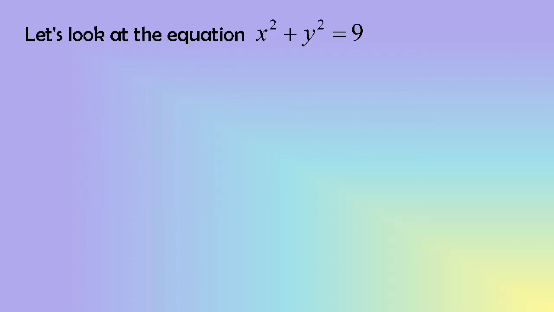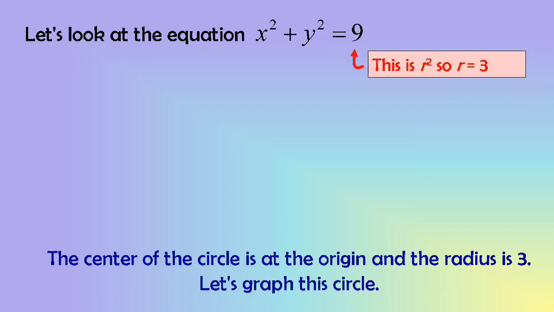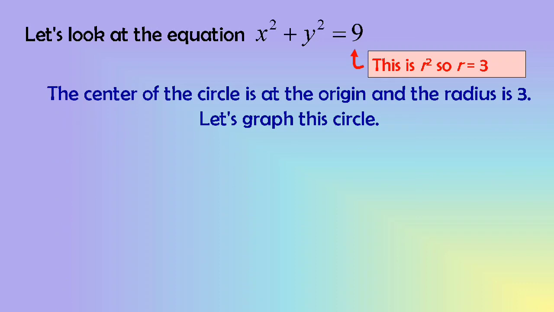Let us take a look at this equation. We have x raised to 2 plus y raised to 2 is equal to 9. So take note that 9 here is r raised to 2. Getting its square root, we have come up with r, which is equal to 3. The center of the circle is at the origin and the radius is equal to 3.